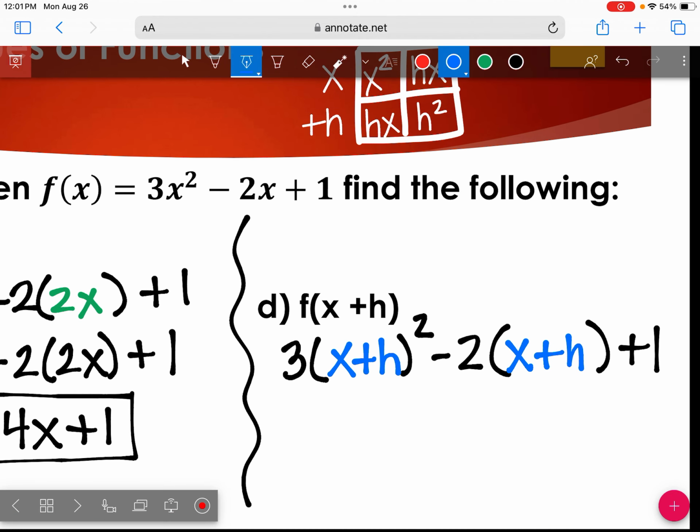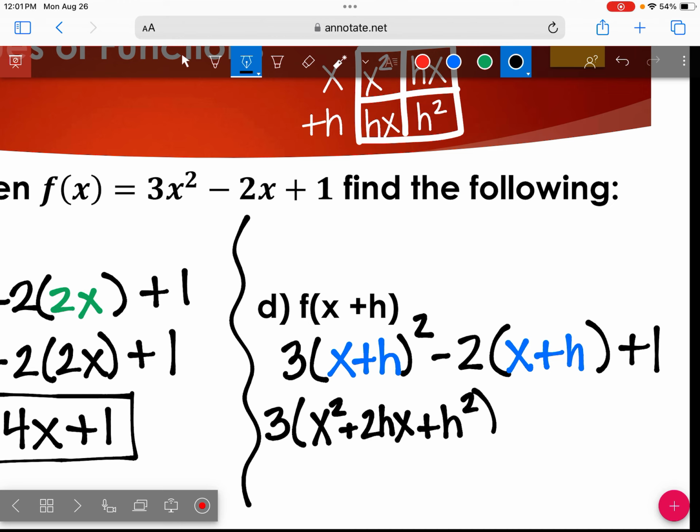All right, so we have our 3. So that would be x squared plus 2hx plus h squared, then minus 2, h plus x plus 1.